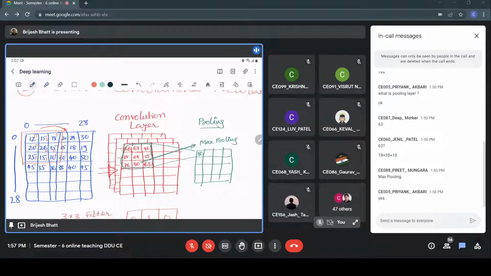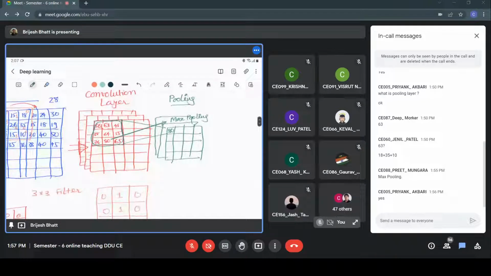So at the end of all this exercise, and this pooling for all the filters, if you have 10 filters, then you have corresponding 10 pooling layers. At the end of this, you have an image representation in reduced dimension, which contains the important features of the image. And we believe that each convolution layer learns one feature of the image.